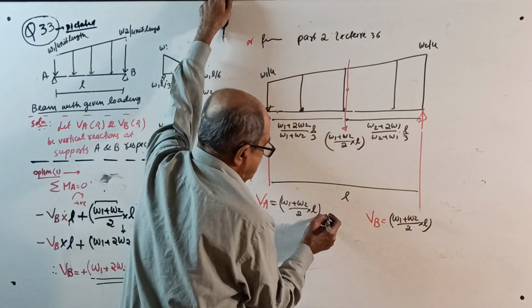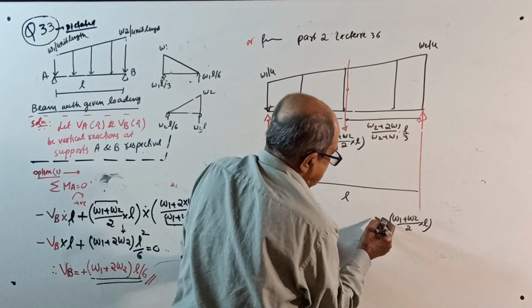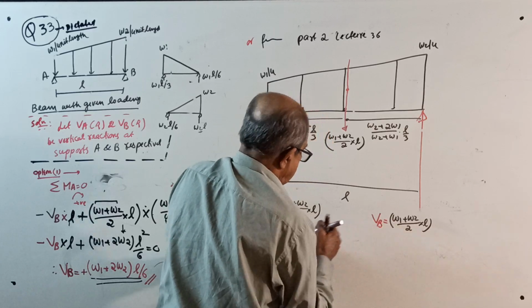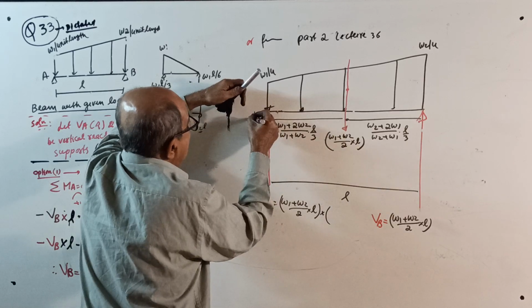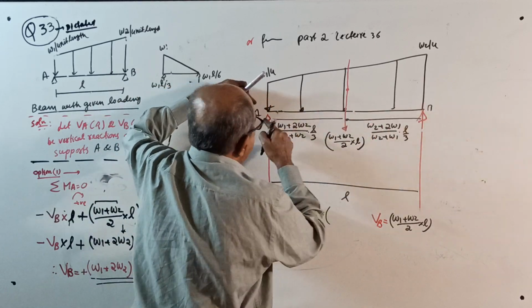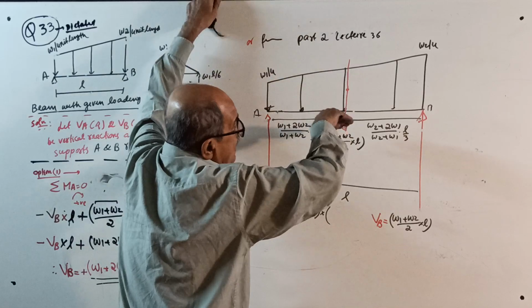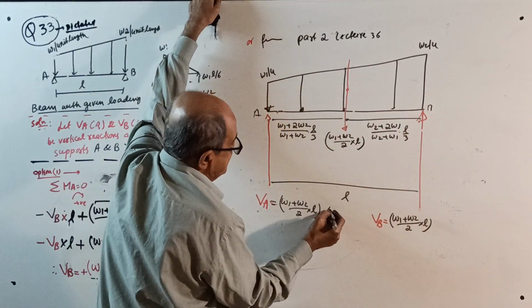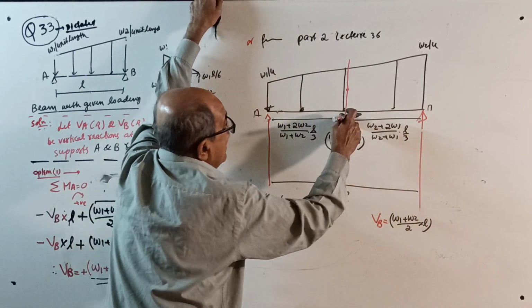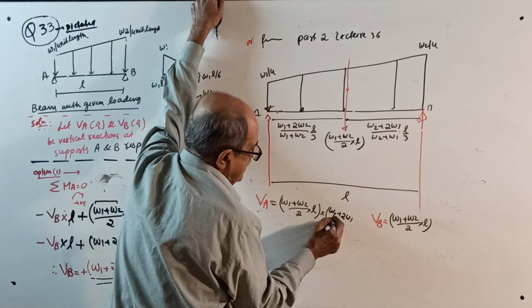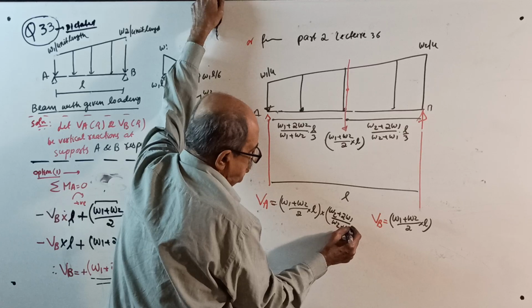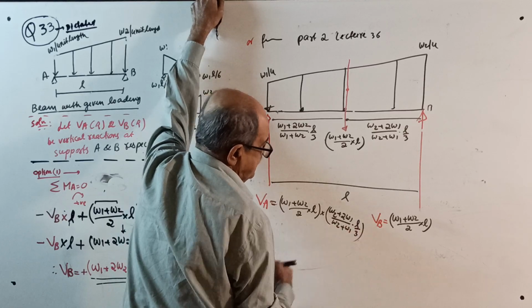Then I told VB, go that side. If you want this reaction, A, this is B, this reaction is total load into other distance. Other distance, that is (W2 plus 2W1) divided by (W2 plus W1) into L by 3.